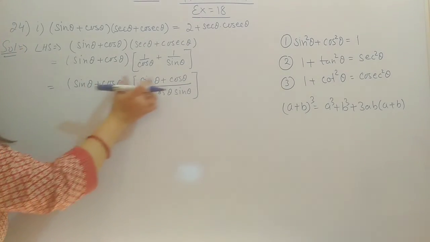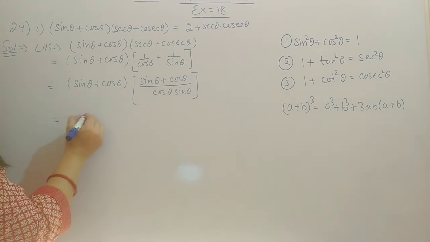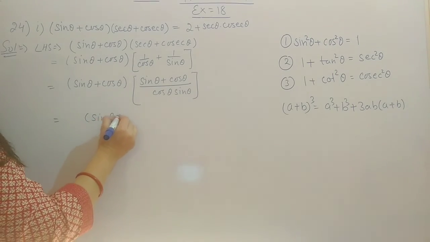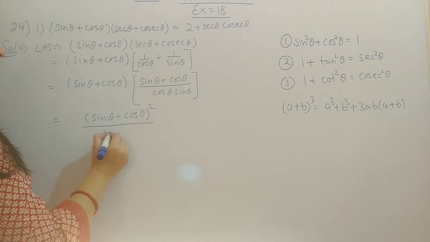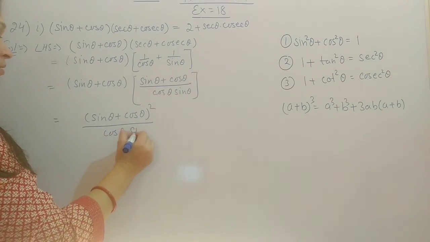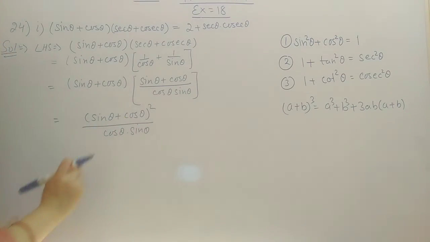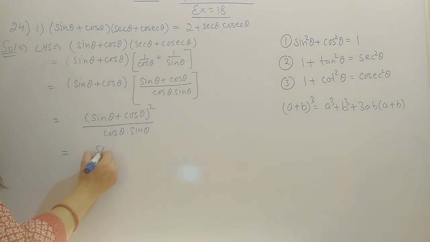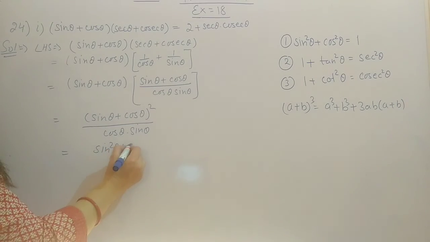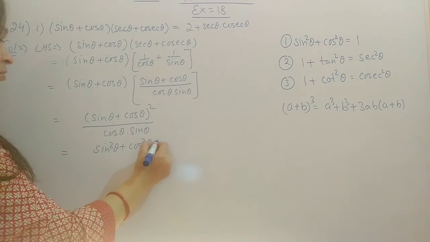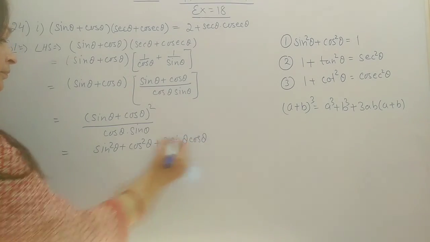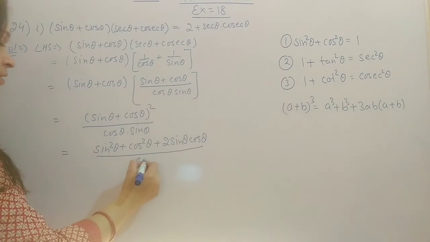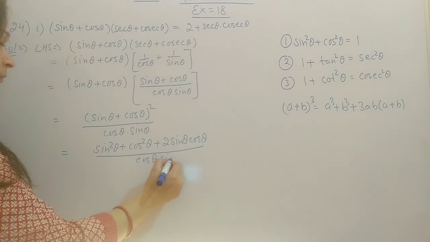Now numerator to numerator we can multiply, it will become sin theta plus cos theta whole square by cos theta into sin theta. With the help of the a plus b whole square formula we can expand it and write it as sin square theta plus cos square theta plus 2 sin theta cos theta divided by cos theta sin theta.